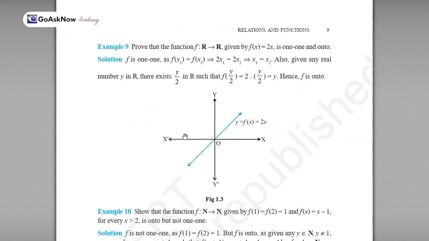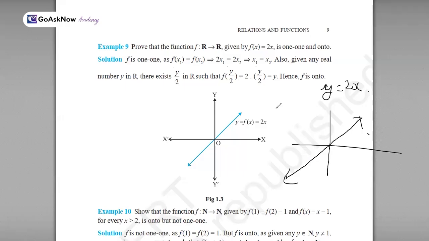Prove that the function f from real numbers to real numbers given by f(x) equals 2x is one-one and onto. Okay. So if you have a function like 2x, and I draw the graph of this function, y equals 2x, it is a line which is passing through the origin.